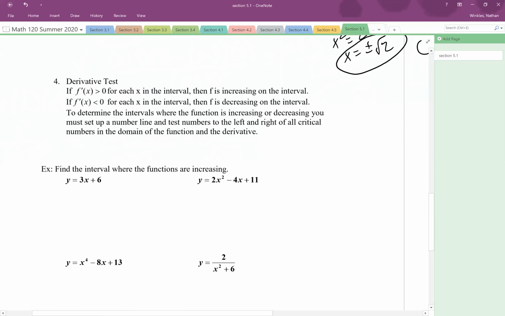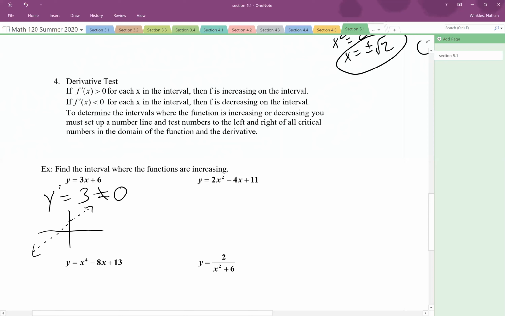All right, so we're told to find the intervals where the functions are increasing. So our goal is to do that. In this first case, y prime equals 3. We set it equal to 0. Well, 3 doesn't equal 0. Well, let's think about what the graph of our function looks like.